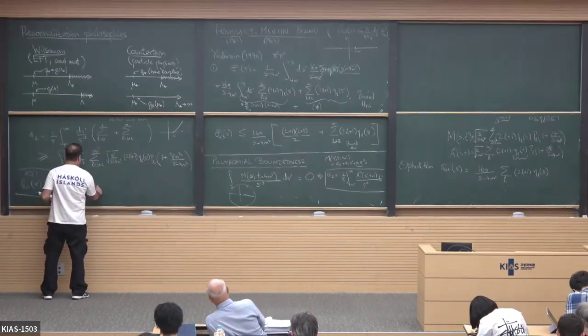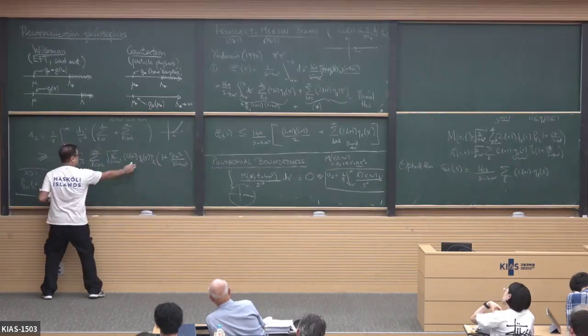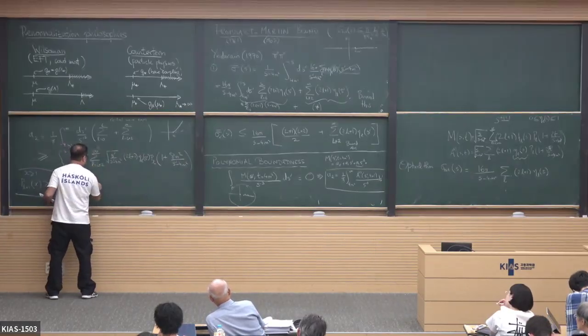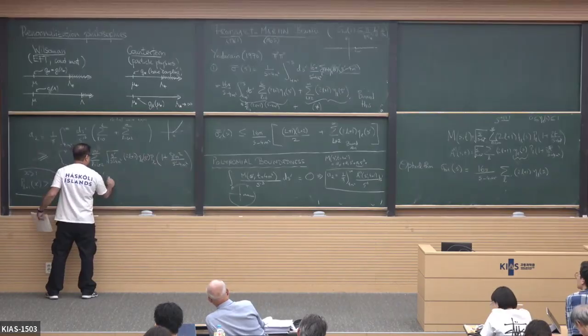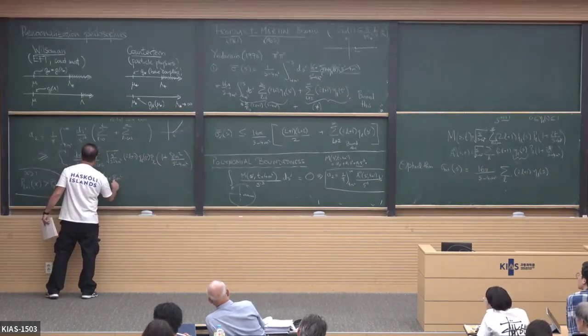integral 4m squared. So we can just pull that factor out. So this is going to be P_{L+2}(1 plus 8m squared over s minus 4m squared).